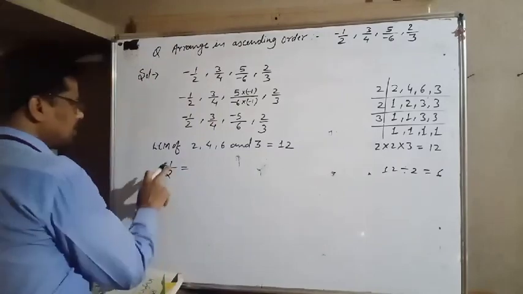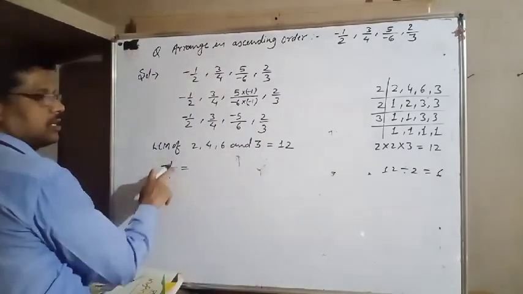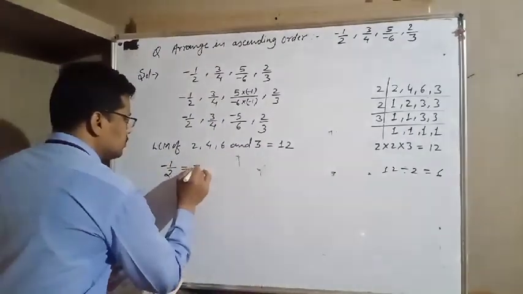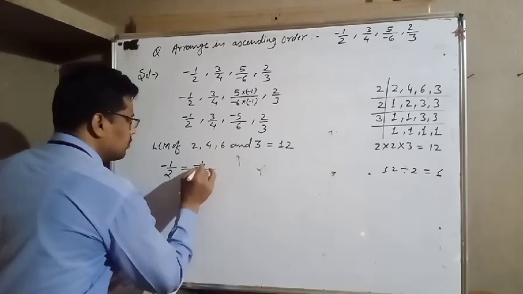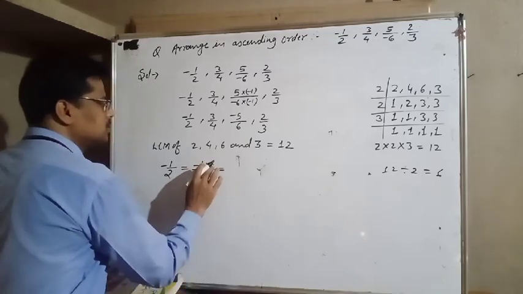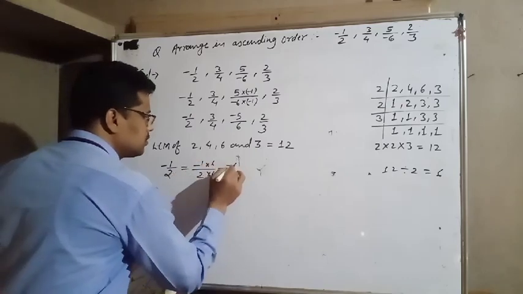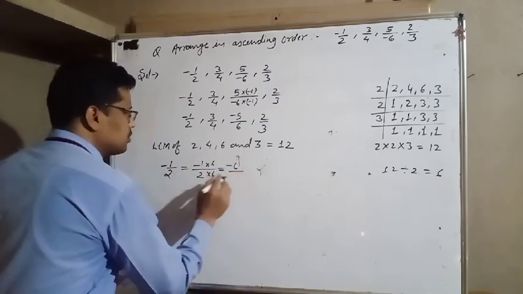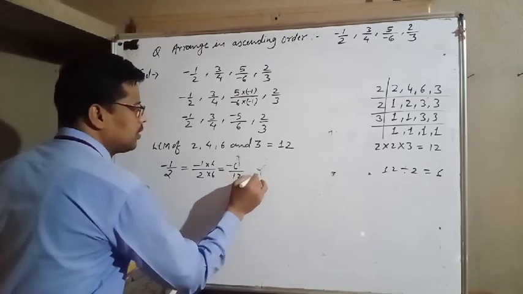Now multiply the numerator and denominator by 6. We can write 1 upon 2 multiplied by 6: 6 ones are 6 and 6 twos are 12.